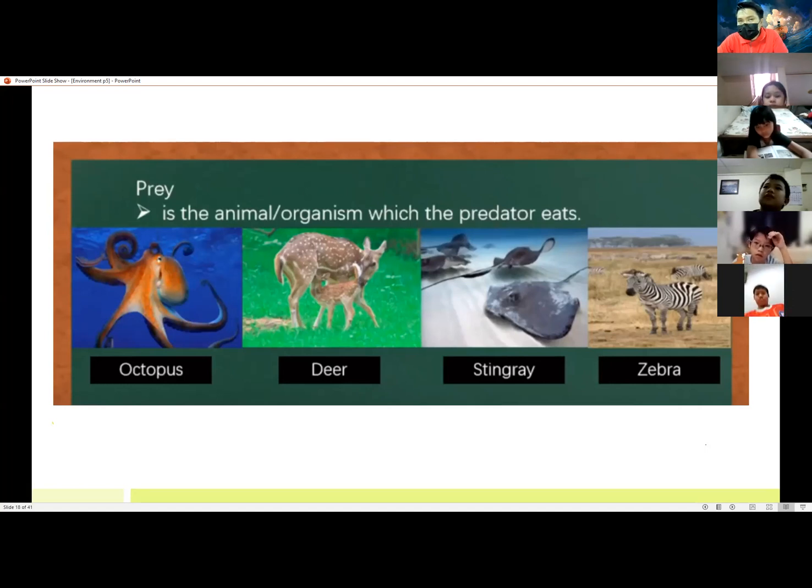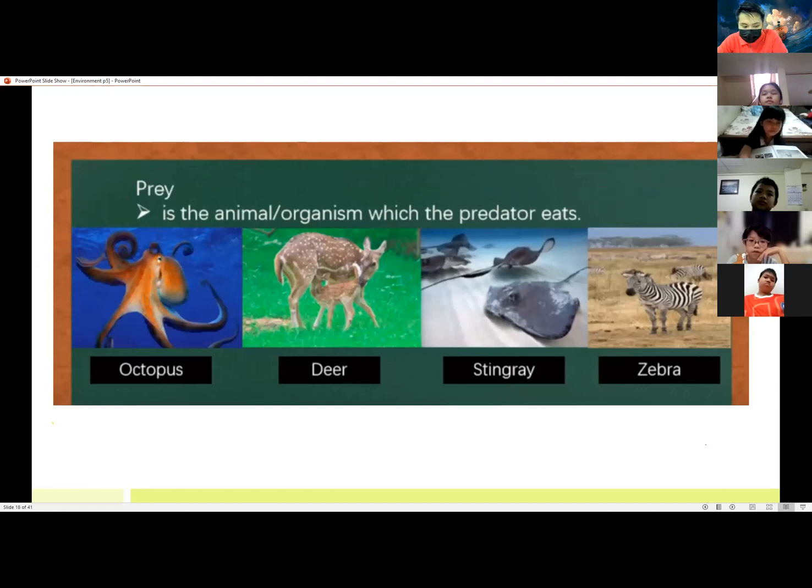What is the food of snake? Rat. Okay, snake and rat. So snake is the predator and rat is the prey. Very good. Next, hyena and sheep. Which one is the predator? Hyena. And the prey? Sheep.